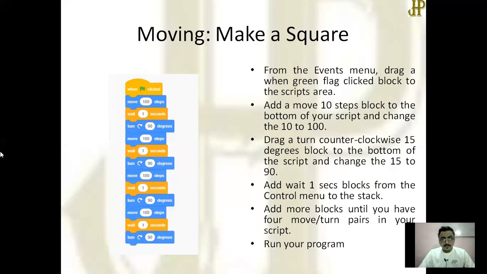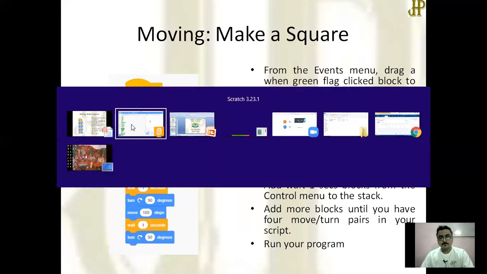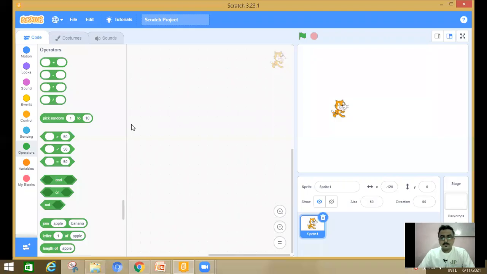These 3 steps I have to take 4 times, so that 4 lines can be covered, and the cat is moving in a square direction. Okay, so how to create it? I'm going to give you the example. Let's start.